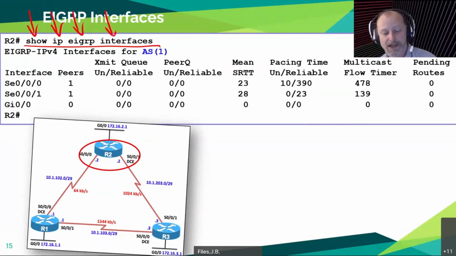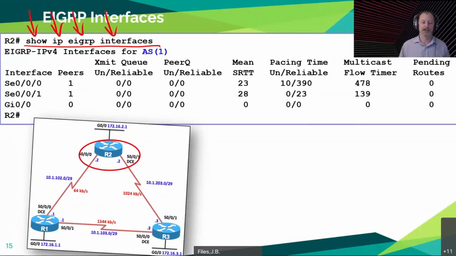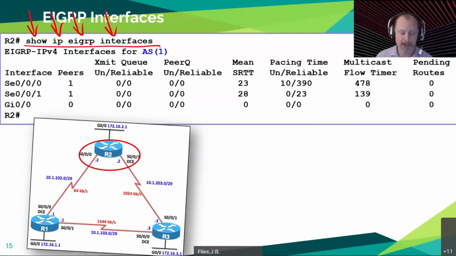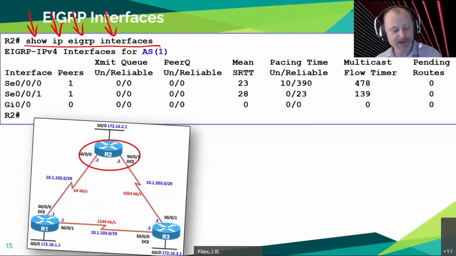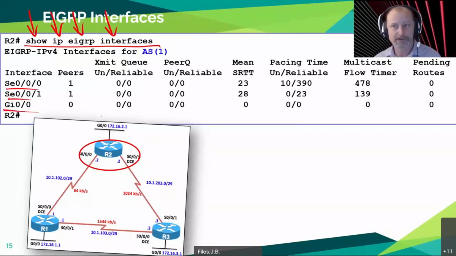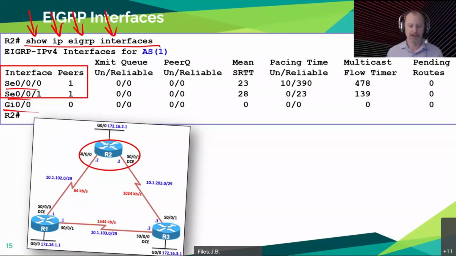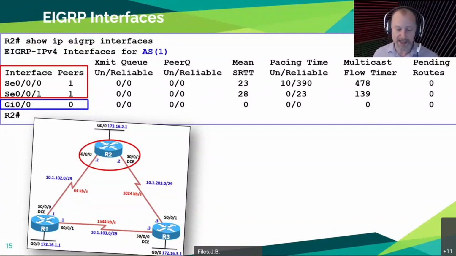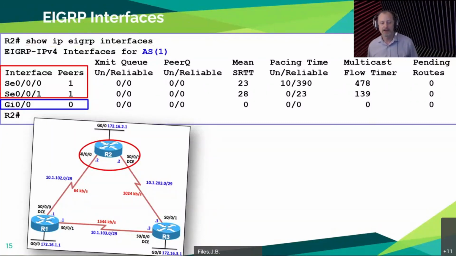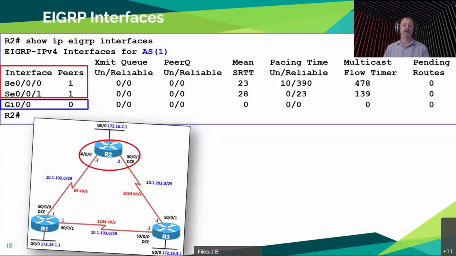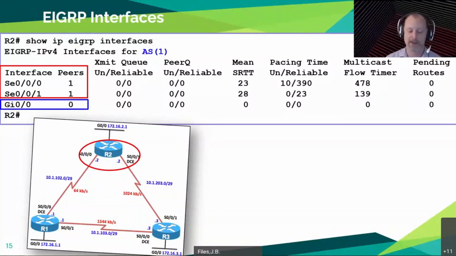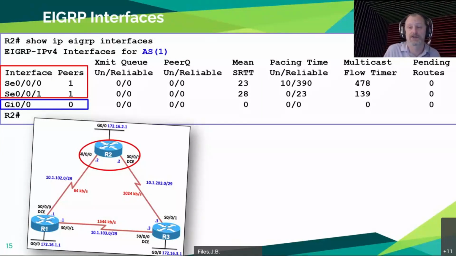And then more specifically, interface information related to EIGRP. Okay, so this is going to show us all the interfaces that are participating, and how many peers we have. So here we can see that GigabitEthernet0/0 is participating, but we don't have any neighbors going that direction, which makes sense. There's no routers there.